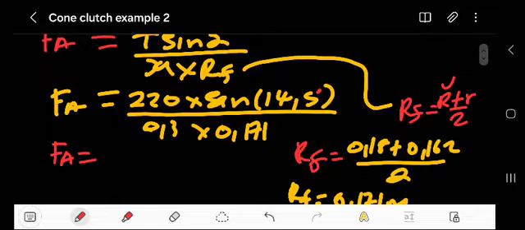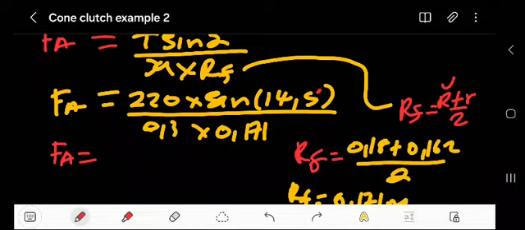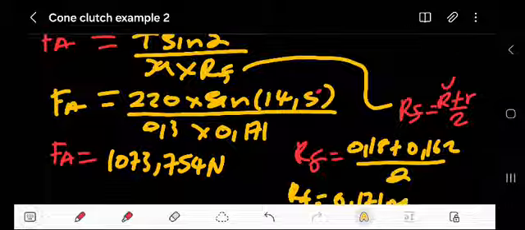If I punch all of this, let me check on a pan. Okay, that gives me 1073,754 Newton.